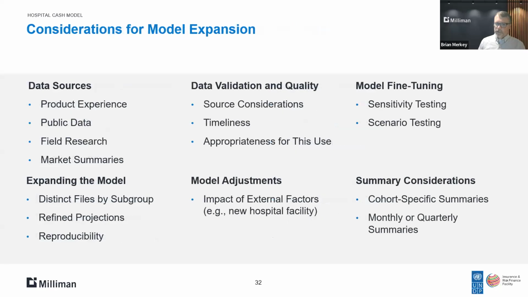Some other potential ways this could be expanded is pulling in some public data source or other research in a bit more specific way. There could be ways of streamlining the Excel calculations or enabling it to represent a suite of products, and maybe there's a lot of related products.